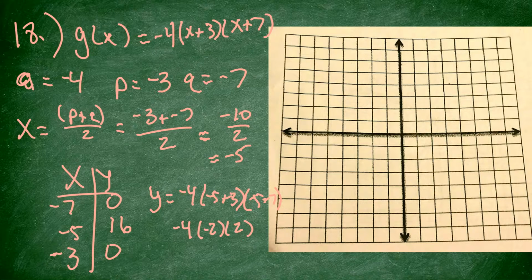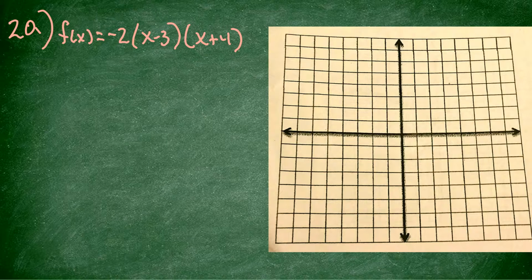Alright, I'm going to make this go by 2, so 2, 4, 6, 8, 10, 12, 14, 16. I got -7, 0, put a dot, -3, 0, put a dot, and I got -5 all the way up to 16. It's an upside down U, and that makes sense. That's it for 18.